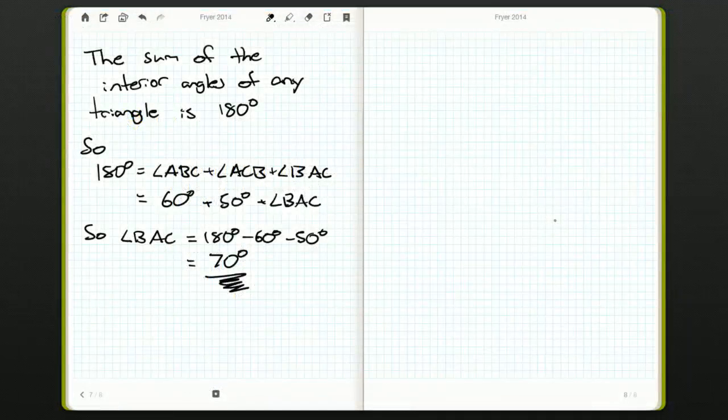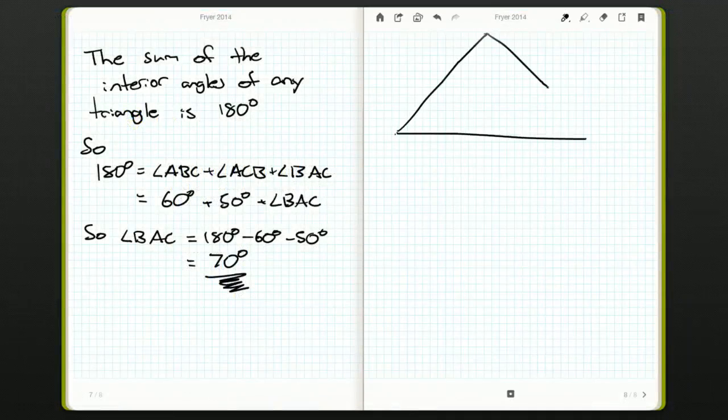So how about we just reproduce our picture to start off with? Doesn't have to be exact, it's only for our purposes of marking things down and exploring the angles.